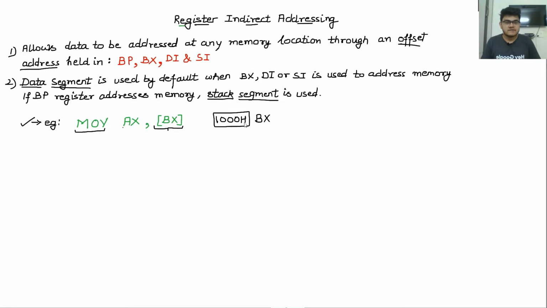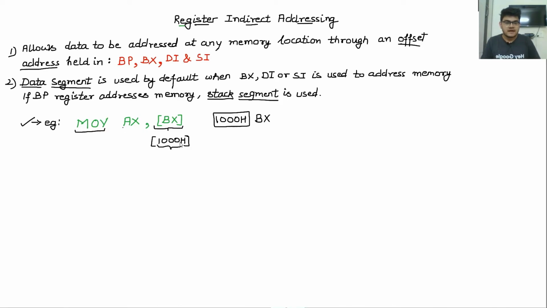We are supposing this, and when we execute this move instruction, BX will be replaced by 1000H, which is the contents of the BX register. The square brackets mean the offset address of 1000H.